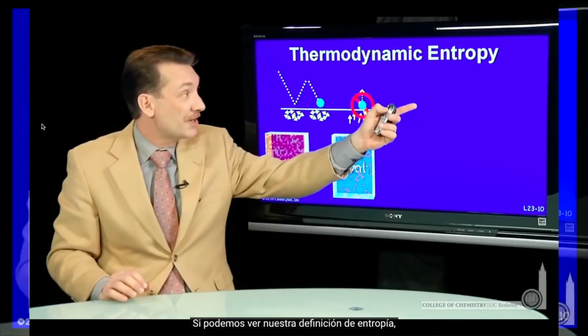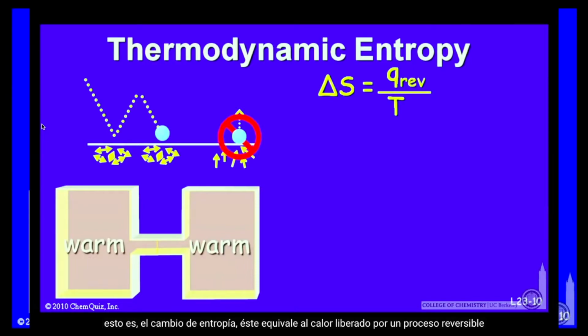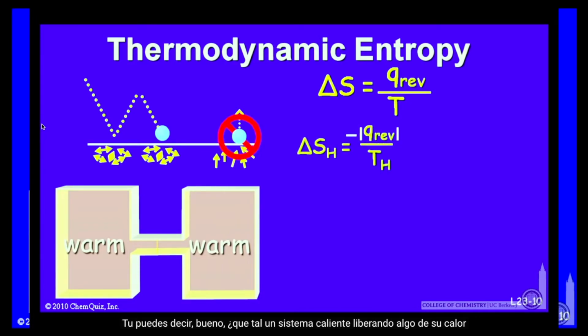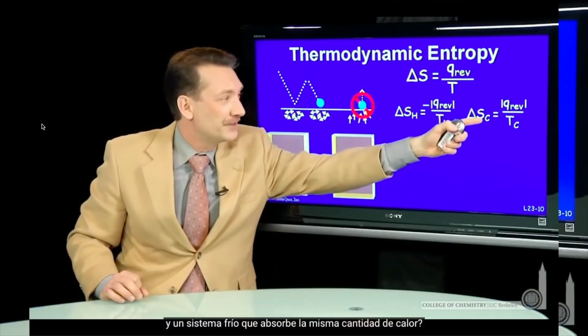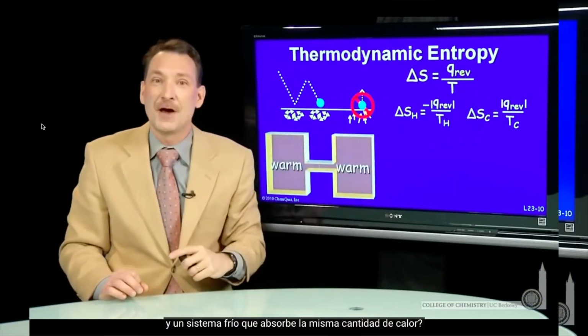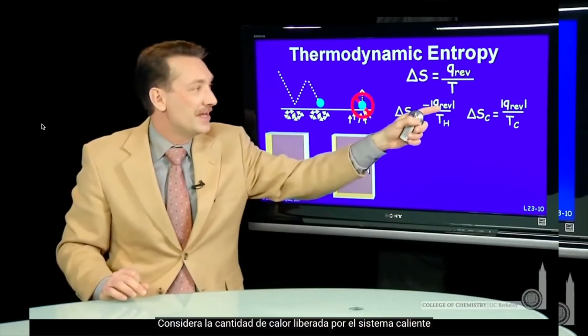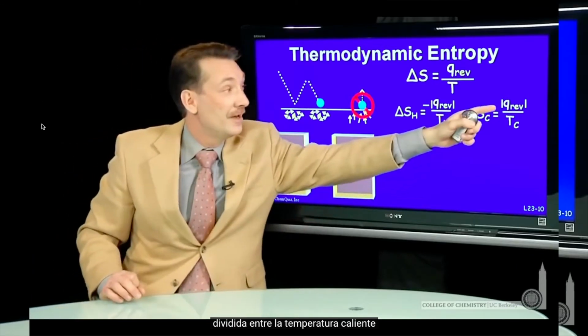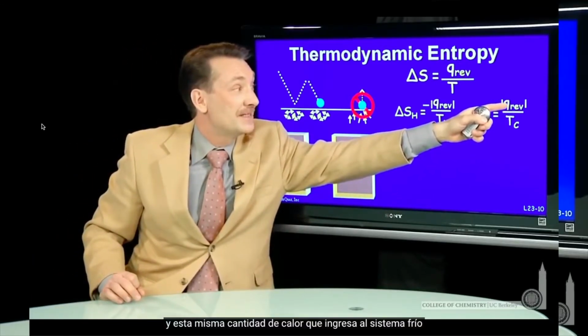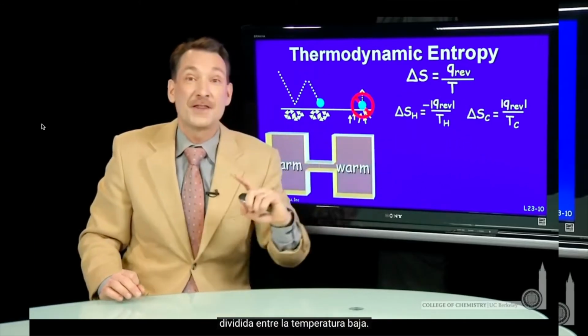If we look at our definition of entropy, the change in entropy is the heat evolved over a reversible process at a given temperature. So consider a hot system releasing some of its heat, so that's exothermic, I've made it negative, and a cold system absorbing that same amount of heat. The amount of heat released by the hot system is divided by the hot temperature, and that same amount of heat going to the cold system is divided by the cool temperature.